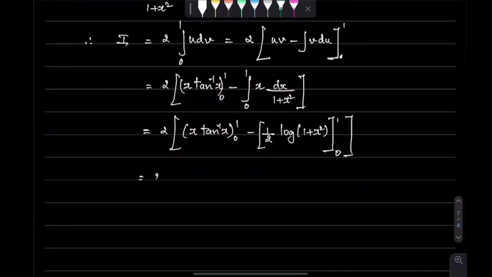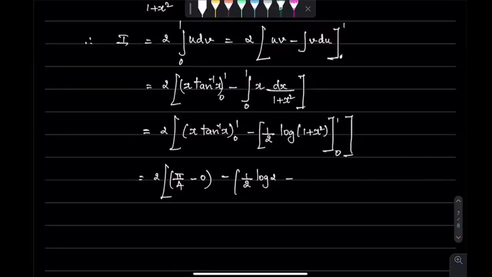I'll get 2 times of, what is tan inverse of 1? Pi by 4. I get pi by 4 minus 0, it is over. Minus 1 by 2 times of log 2. Correct? Yes, sir. Log 2 minus log 1 will become 0. So the answer is pi by 2 minus log 2, which is your I. Easy.